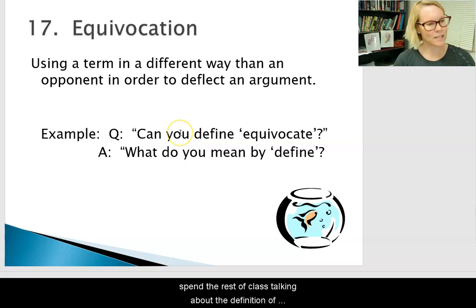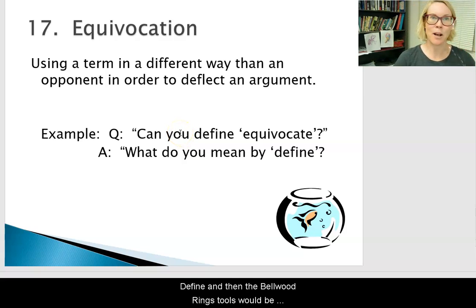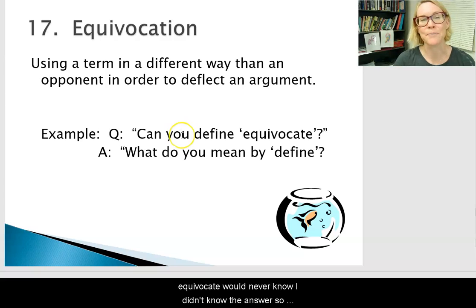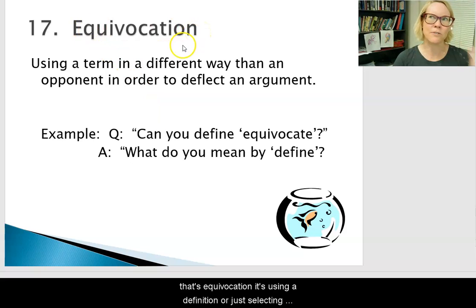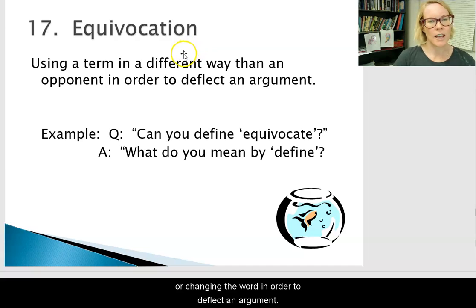And then we could spend the rest of class talking about the definition of define. And then the bell would ring, students would be dismissed, and I could safely go look up the definition of equivocate. And the students would never know I didn't know the answer. So that's equivocation. It's using a definition or changing the word in order to deflect an argument.